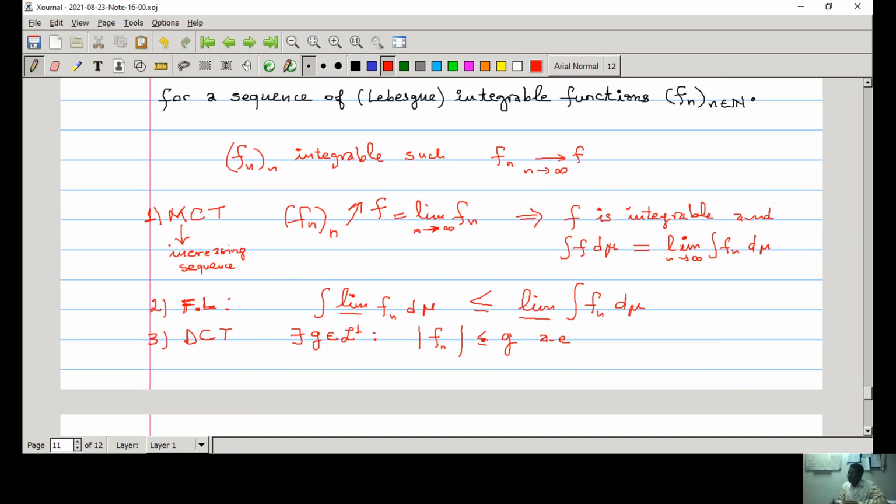So almost everywhere, for almost all x except for x in a set whose measure is 0.